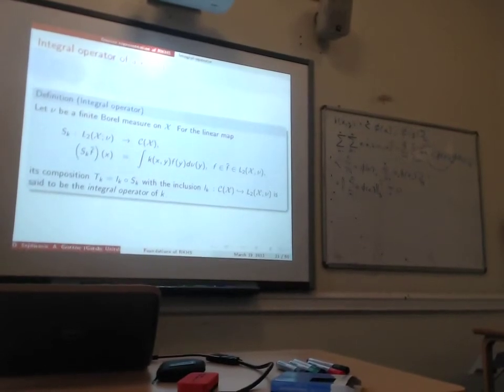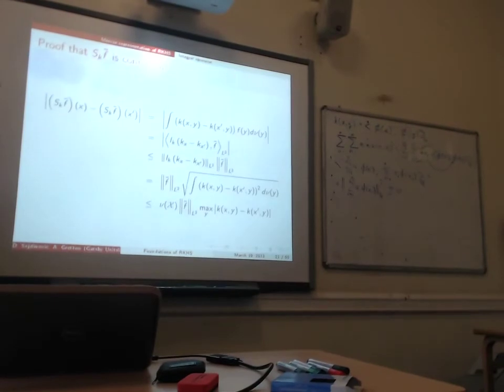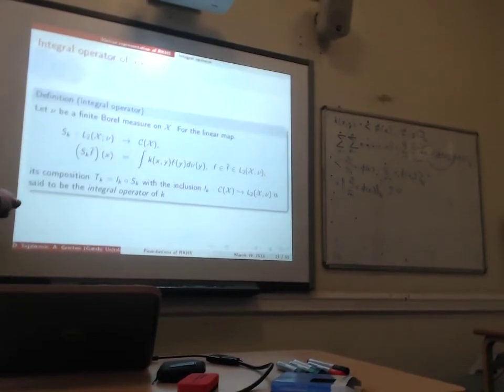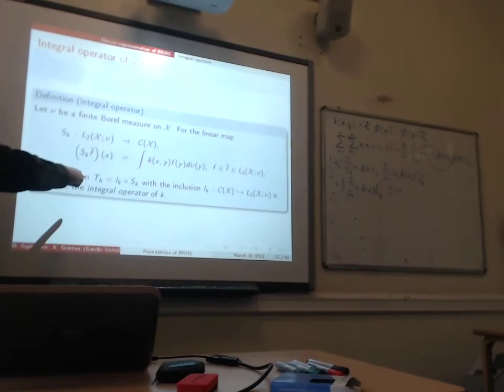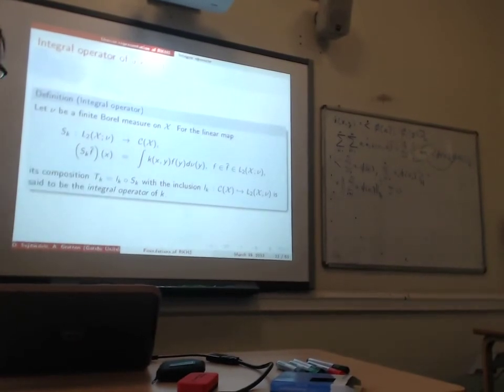So to every function in there, I can associate its class in L2 to which that function belongs. There is only one continuous function in there, there are many others that just differ on a set of measure 0. So I associate to that continuous function its class. So I go from L2, get a continuous function, and include that function again in L2. Right? So I get an operator on L2 now, that goes from L2 to L2 by basically just doing this composition.